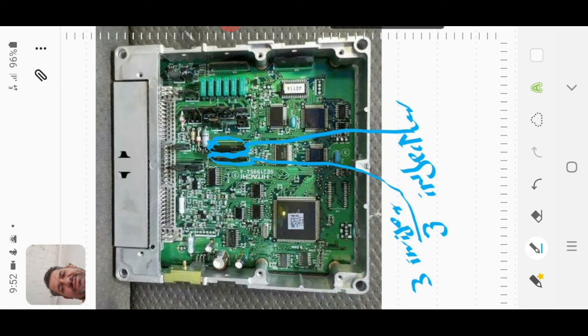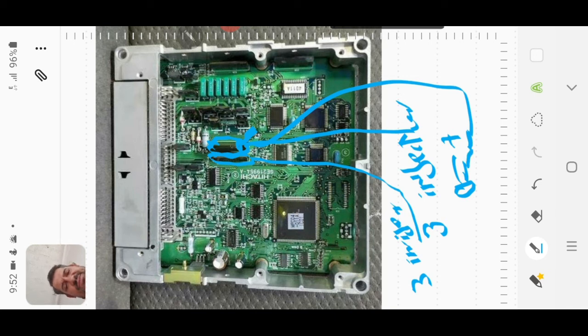Same procedure as the ignition coil. First you check power in the injector. If the injector power is good, the injector has 2 wires. One is power, one is negative signal from this chip. If the power is good, then you trace the wire.